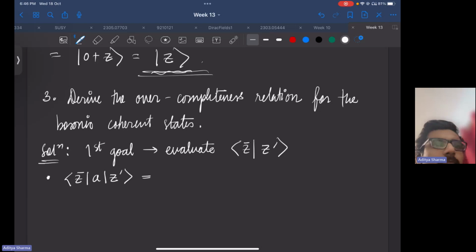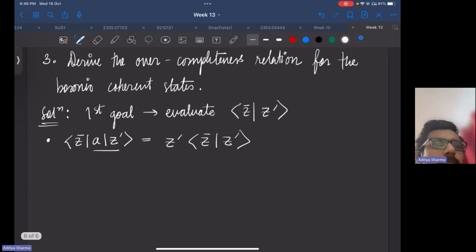This is equal to, when this acts here, you are going to get Z prime and the same thing. And you can also write A as del del Z and del del Z bar. And you can put this outside because it won't act on this one.